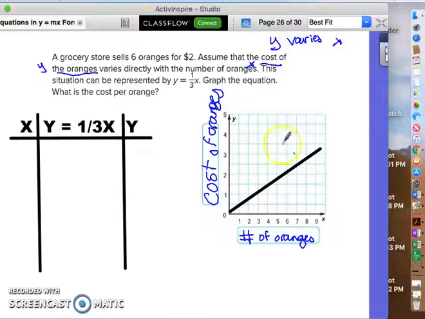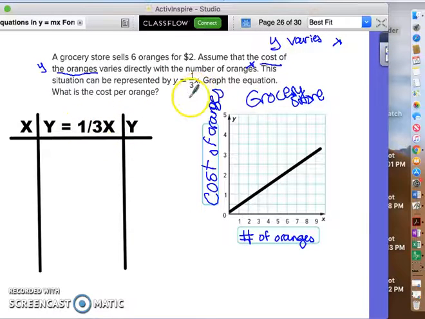I'll label it grocery store. Here it gives us the direct variation equation, y equals 1/3 x.